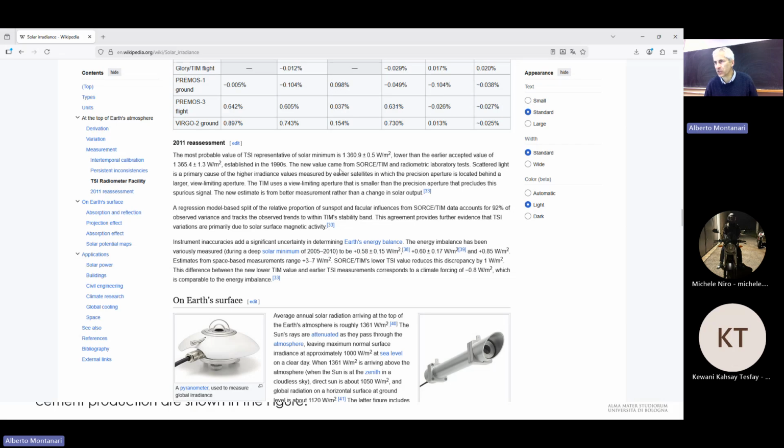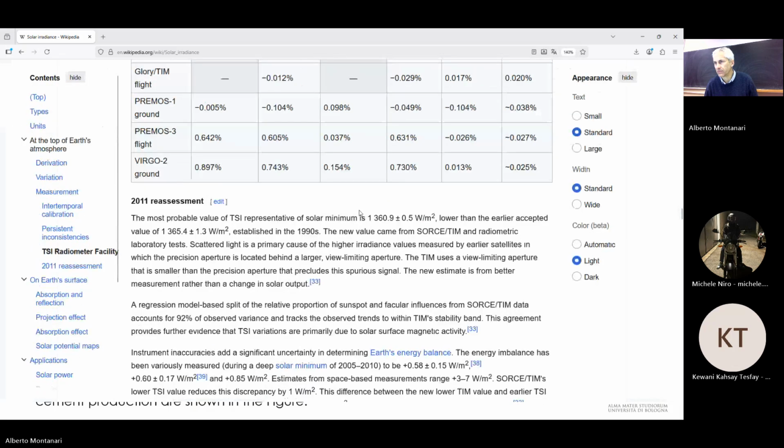It's here, the value, just one second. The most probable value of total solar irradiance, representative of solar minimum, is this one: 1,300 plus or minus 0.5 watt per square meter. And a previous value was this one, but not really much difference.